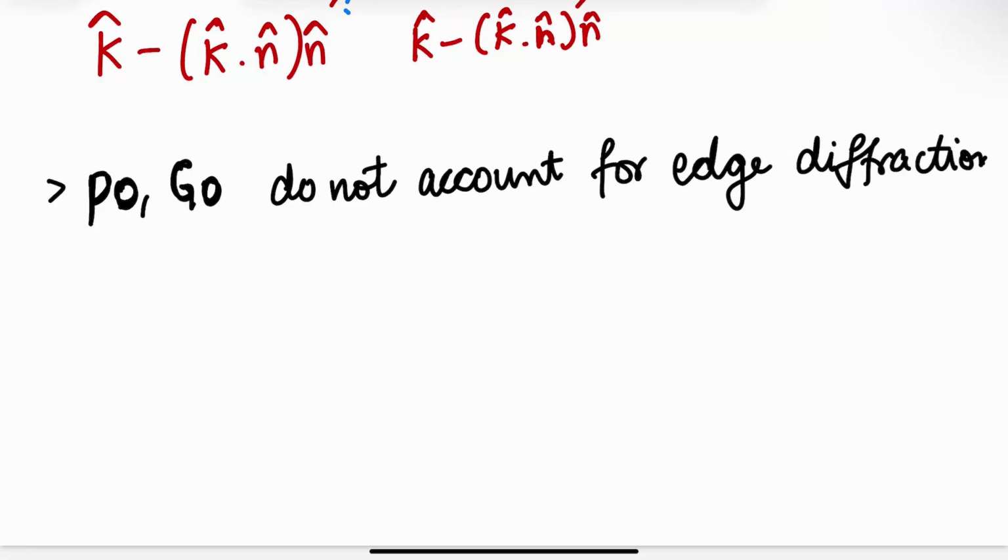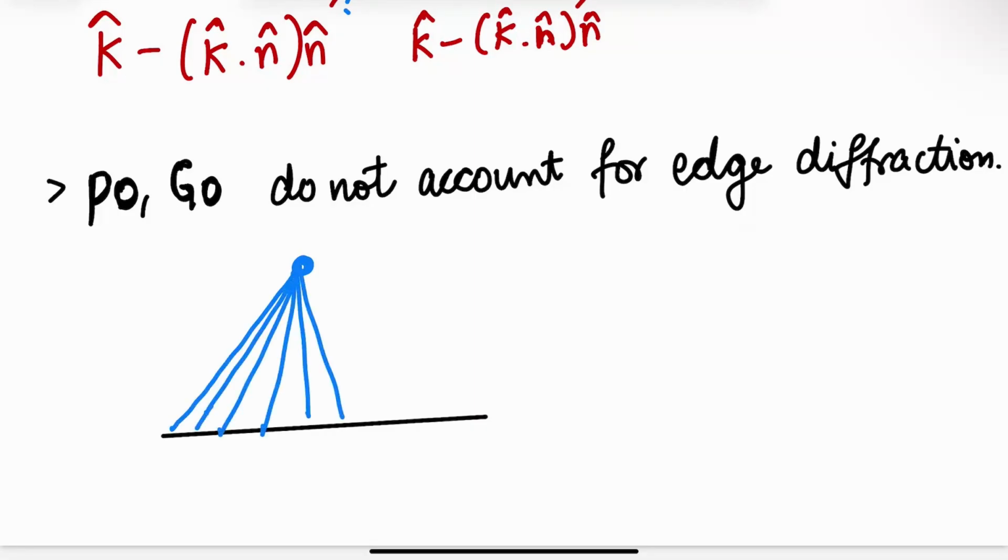If I have just a metal plate or a metal sheet, and I have some incident radiation, say I have a source there, some rays come and hit this, like that, and then of course they reflect off. Using ray optics, you can just use this, or using physical optics, you integrate the whole thing.